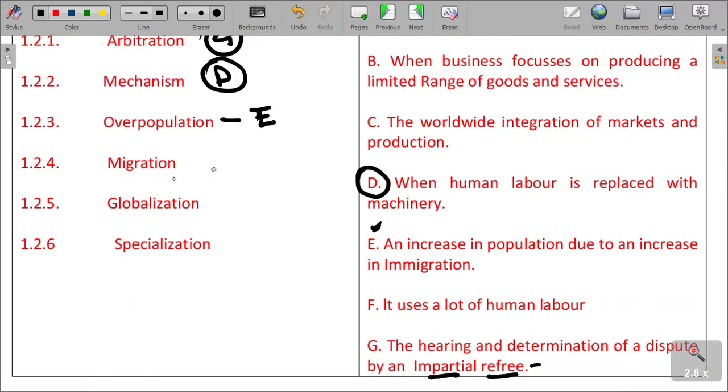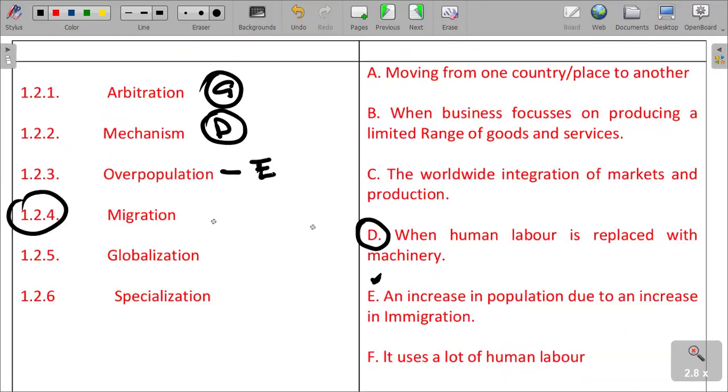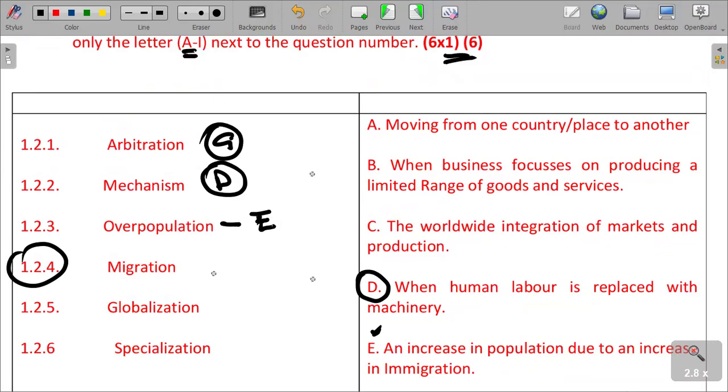And then migration, we talk about the movement of people or organisms from one place to another. That is 1.2.4. Migration is the movement of people from one place to another, which can be places or countries.